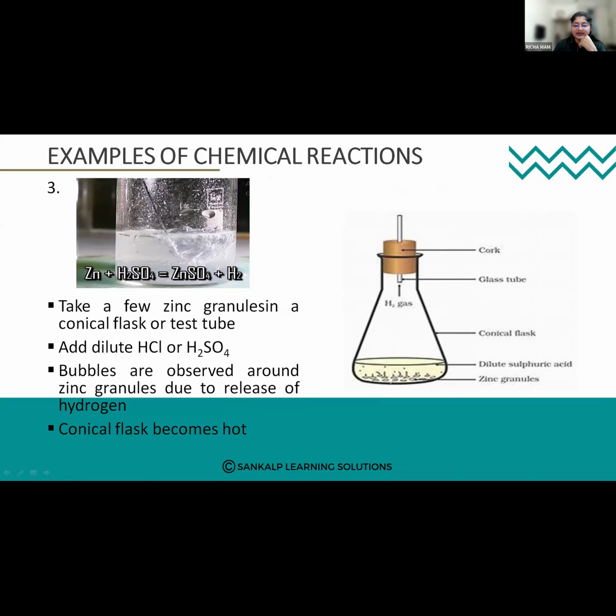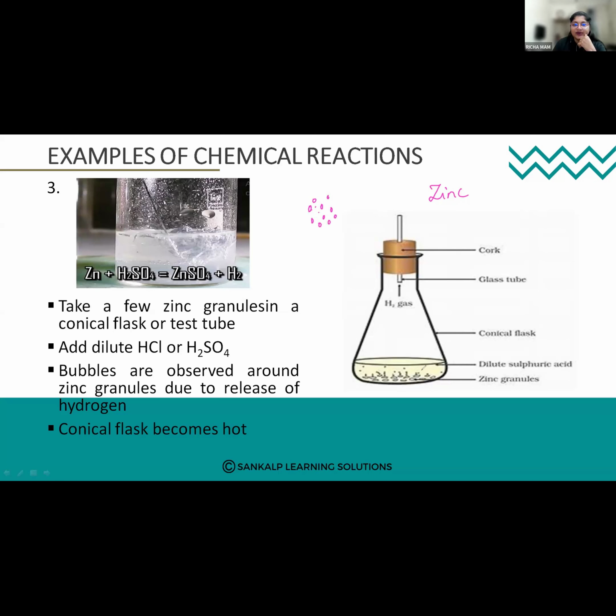In the conical flask, what have we taken? We have taken zinc. Zinc is a metal, and it will be in the form of granules, which means small pieces. The zinc element will be there.